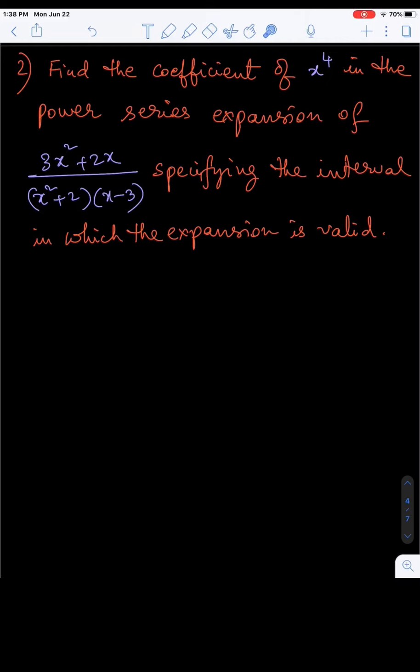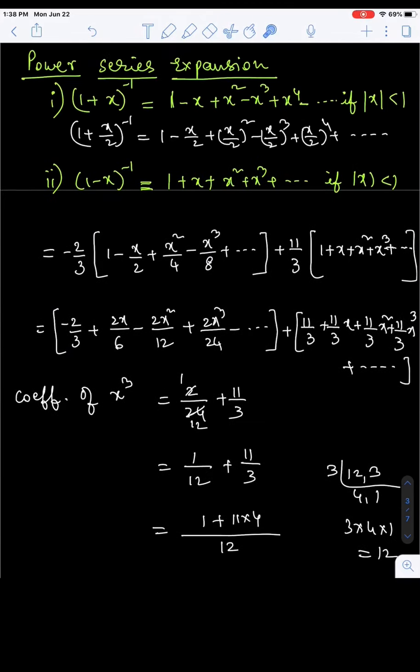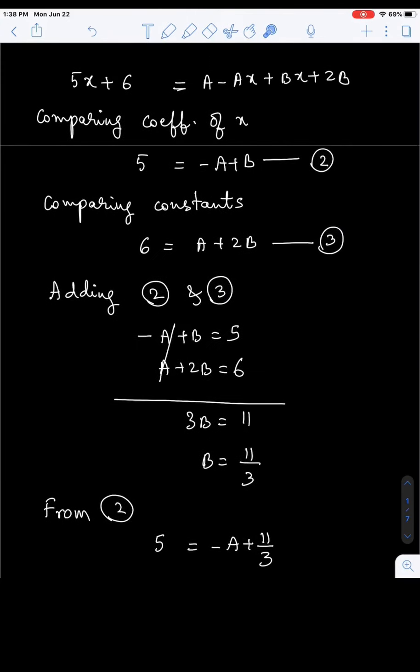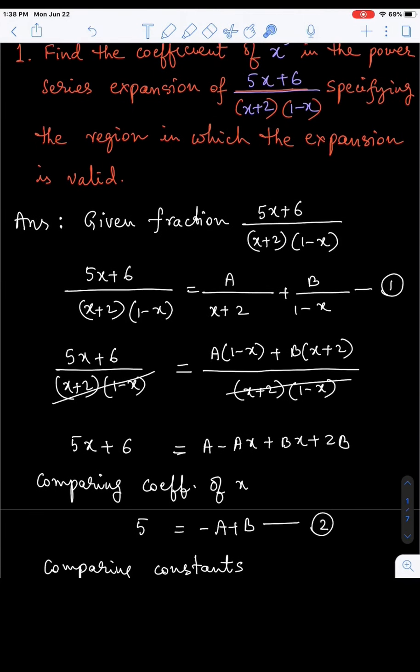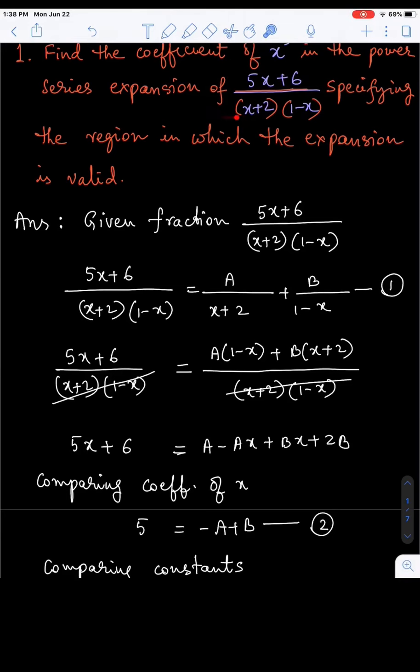Okay? So how to do it? There is a difference between the first problem and the second problem. In the first problem, there was no difficulty in resolving into partial fractions. It was easier to resolve, like exercise A. Resolving into partial fractions was easier there.